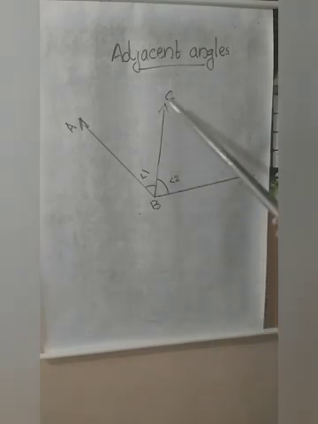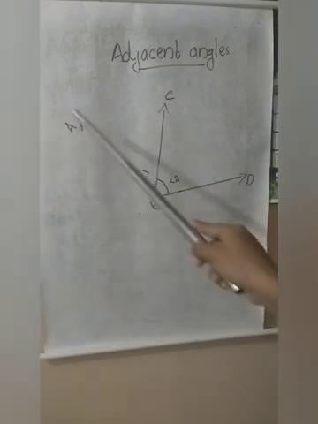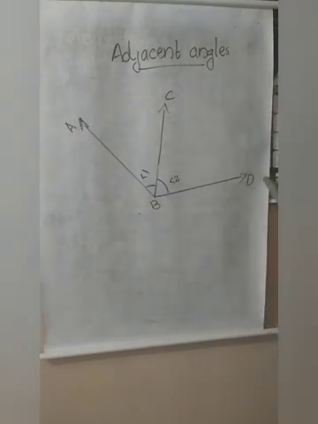BC is the common arm. And which is the common vertex in ABC and DBC? B. Then the non-common arms BA and BD are on either side of BC. So we can say these two angles are adjacent angles.